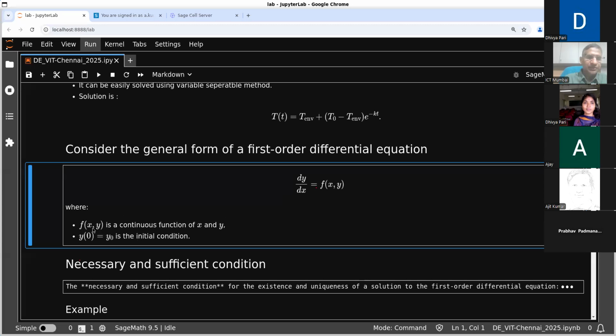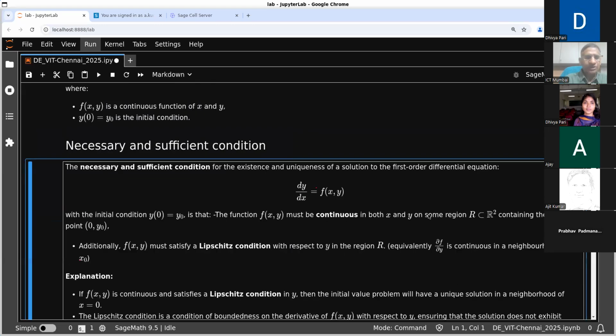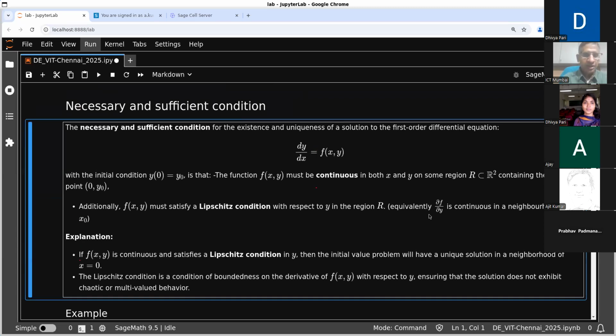One thing that is required is, first of all, f(x,y) should be continuous in both x and y, and you need an extra condition also. I'm sure you must have seen that. So these are all a repetition. Another extra condition that you need is called the Lipschitz condition. That simply means that the partial derivative of f with respect to y should be continuous in some neighborhood of x naught.